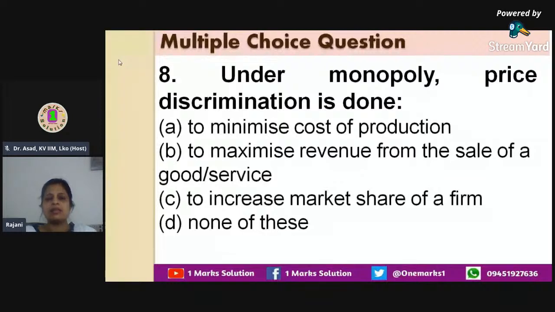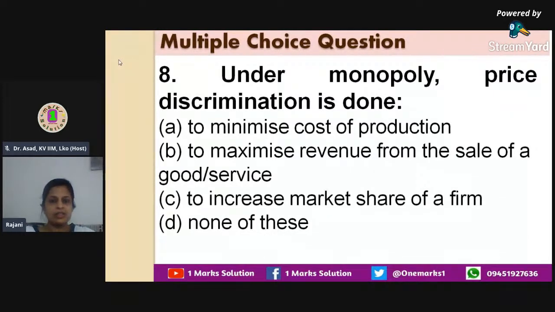So the question is, under a monopoly, price discrimination is done to minimize the cost of production? Definitely not. Price discrimination is not a solution for that. The next option is to maximize revenue from the sale of a good or service.